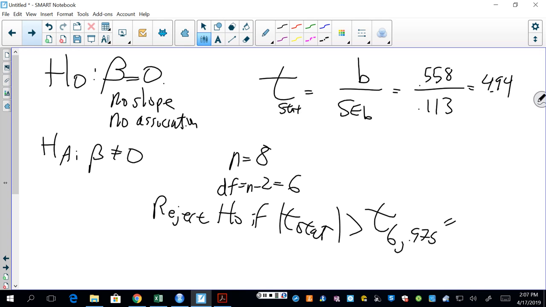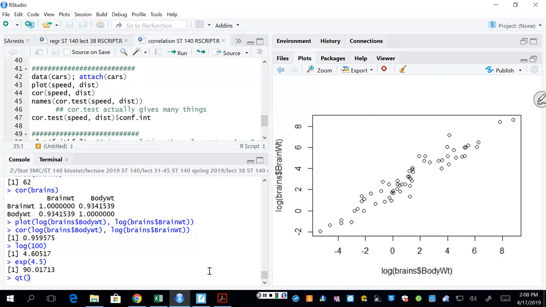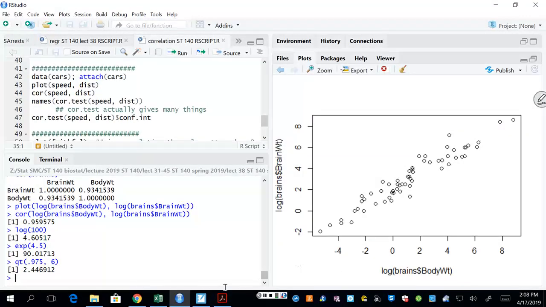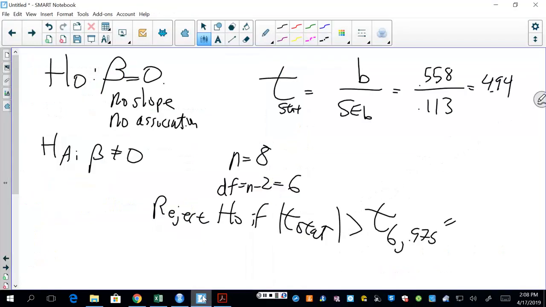That's pretty bigger than 1.96. It's a bigger value. So over here, the quantile for a t 97.5 with just 6 degrees of freedom is 2.45. So if we're bigger than 2.45, we will judge that there's a statistically significant relationship, right? That our estimate of the slope is several more than enough standard errors away to convince us that it's not actually 0.